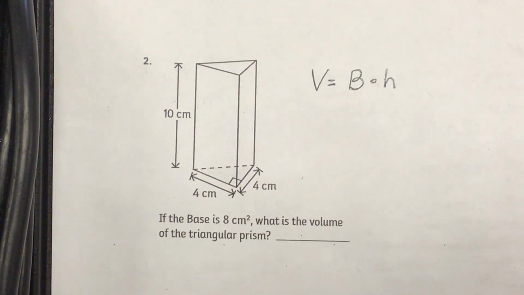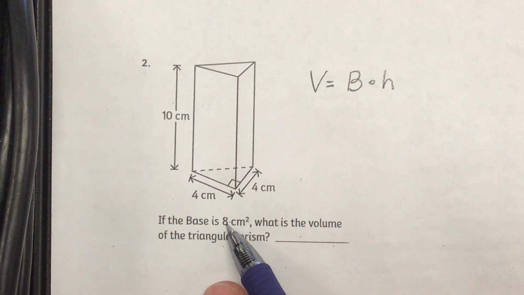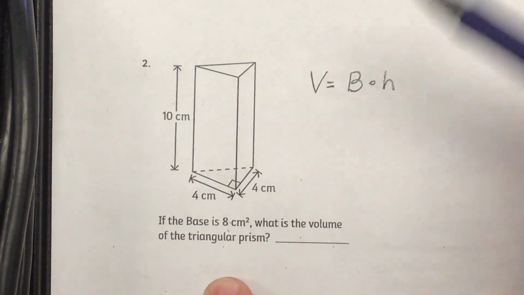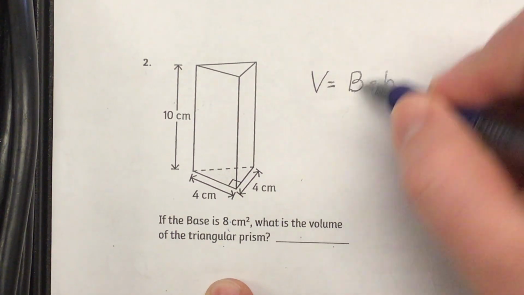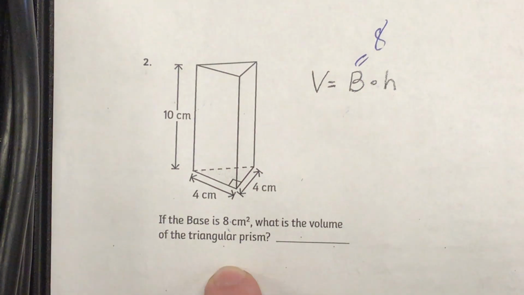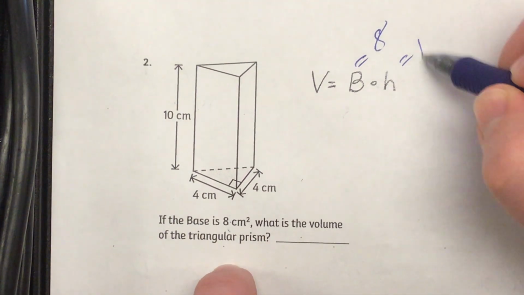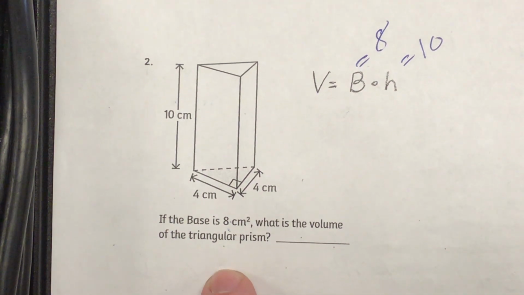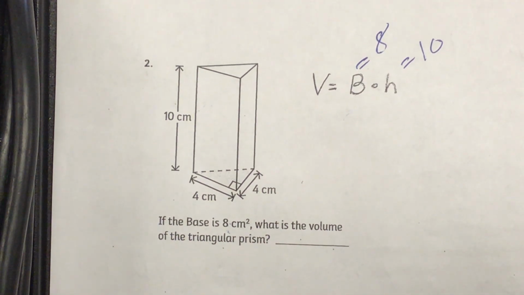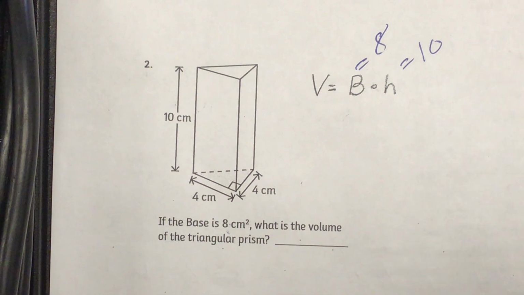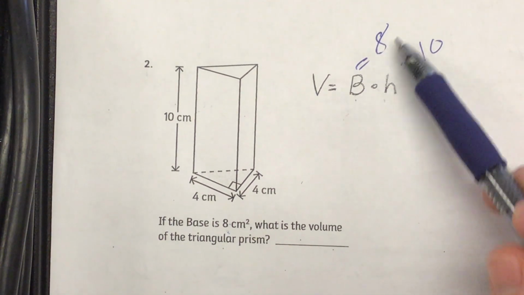All right. So now on this one, the area of our base is 8 centimeters squared. So B equals 8. What's our height? 10. So how do we find the volume? Volume is base times height. We said our base is 8 and our height is 10.